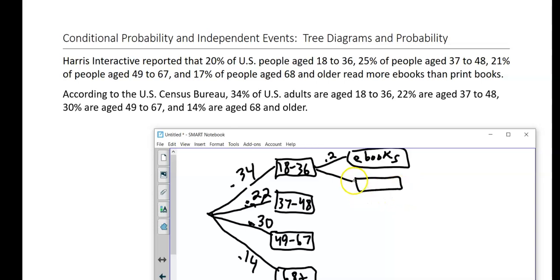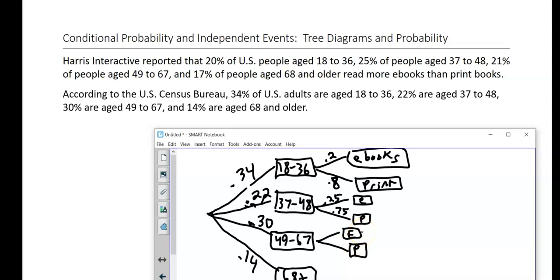So print is the leader, there's 0.8, so 80%. That group much prefers the print there. I'm just going to put E here and a P here for print, just because of room. So the second group, 25% prefer ebooks, so 0.25, which means 0.75 is print.